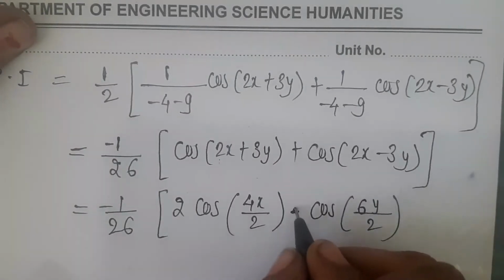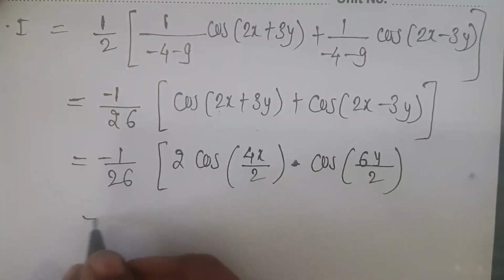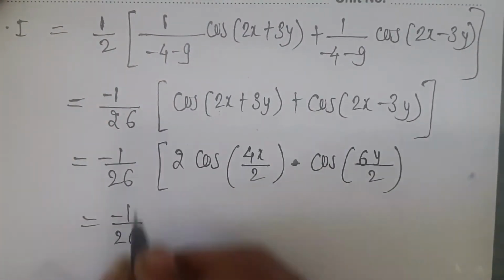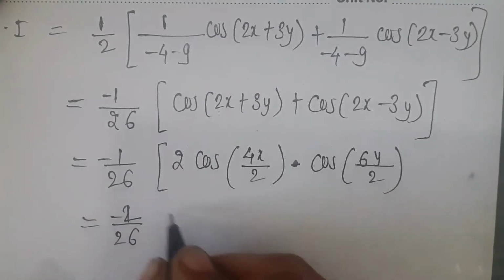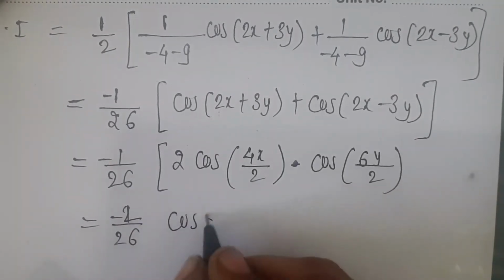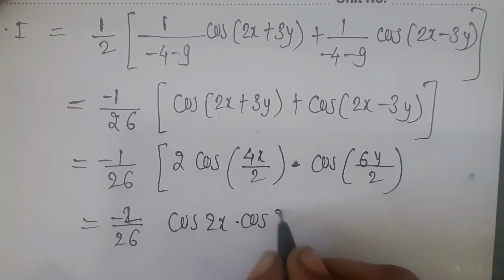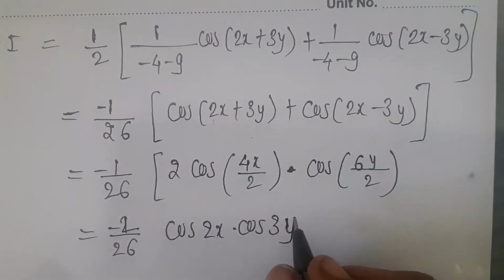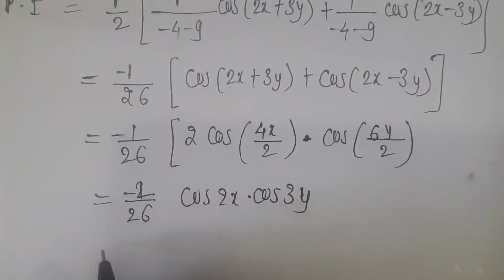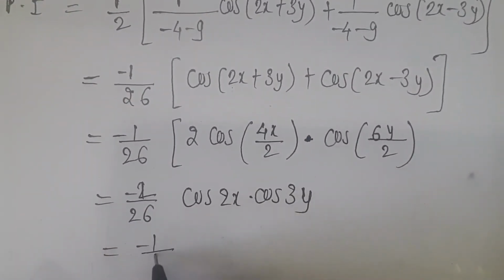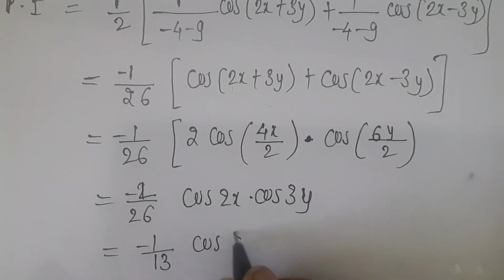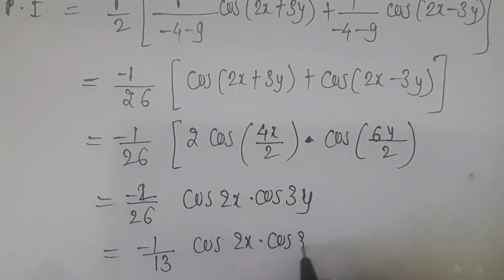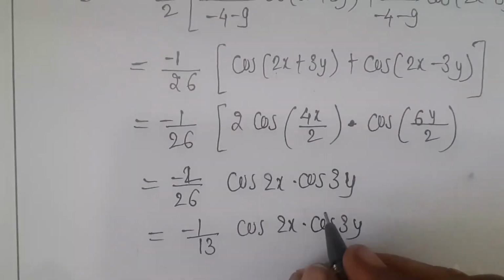So this is equal to minus 2 by 26, so we can write cos of 2x into cos of 3y. So 2 times minus 2 by 26 is minus 1 by 13 cos of 2x into cos of 3y. So this is the particular integral.